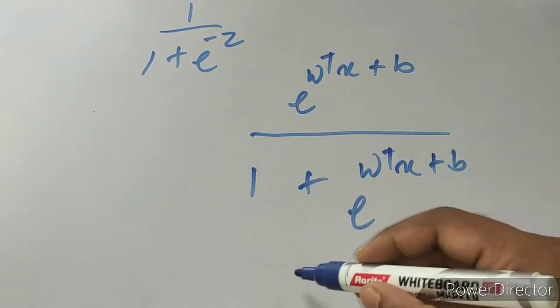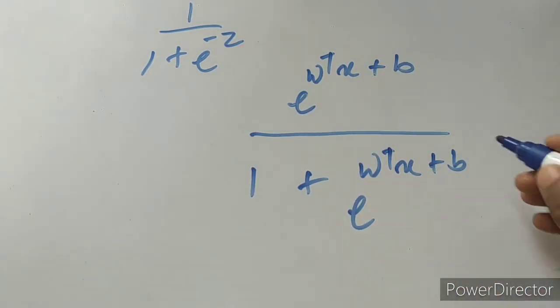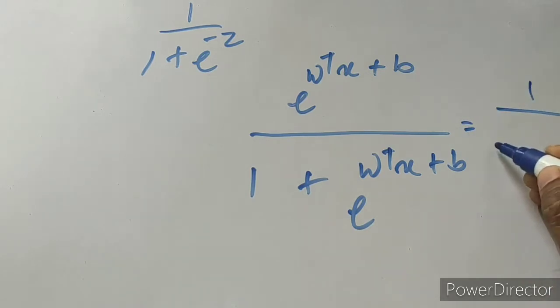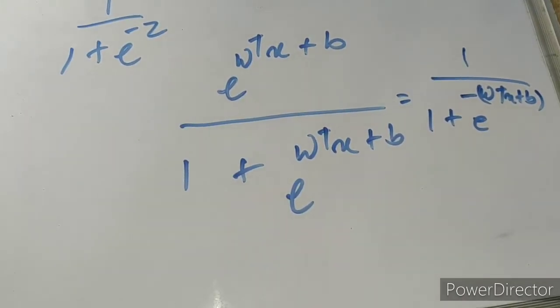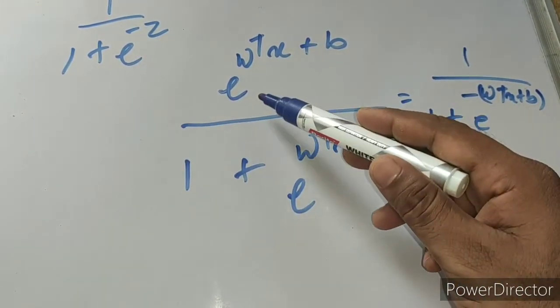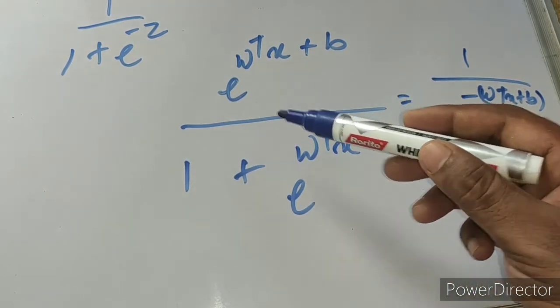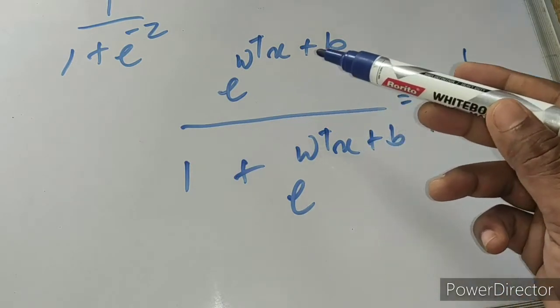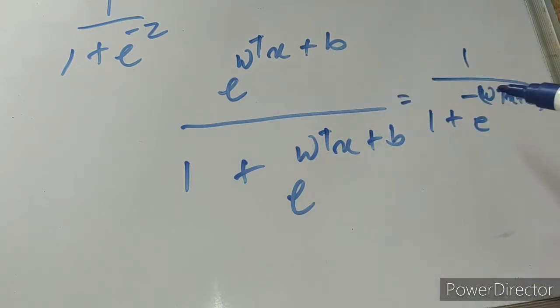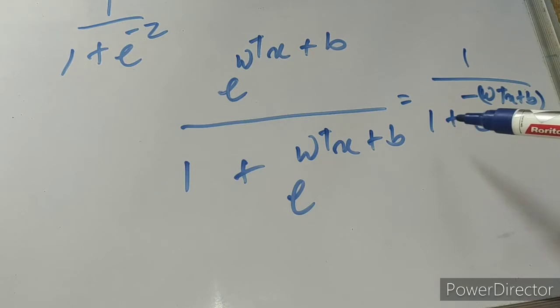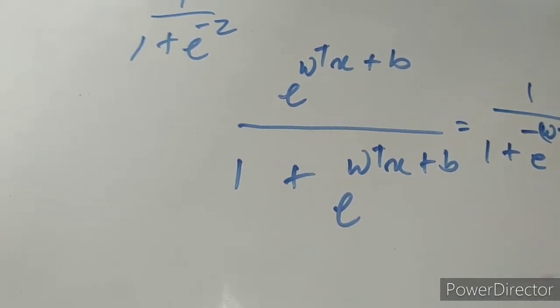If we simplify this, again it will turn into 1 by 1 plus e to the power minus w transpose of x plus b. You can see this: if you divide the numerator and denominator by e to the power w transpose of x plus b, it will simply turn into this value. Both are the same. So this is what our sigmoid function is.